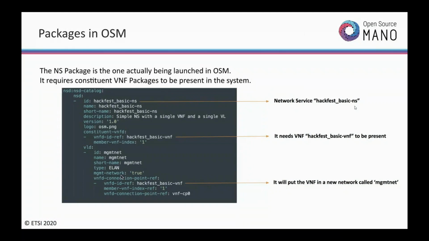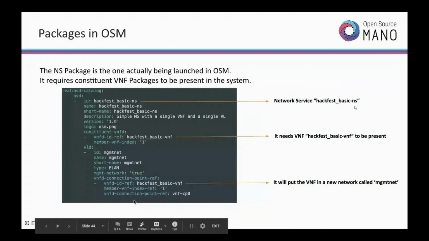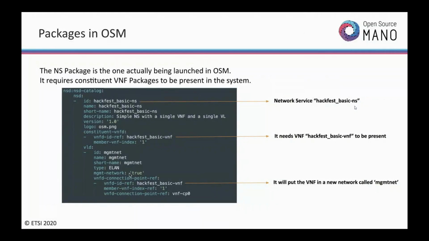And that virtual link is described to be called management net, and is said to be a management network, I mean, to be considered by OSM to be a management network. So whenever OSM is looking for a management network to configure a VNF through charms, for example, it will use the network that is marked as management network true. Then we have the connection points, which are, sorry, the actual interfaces.